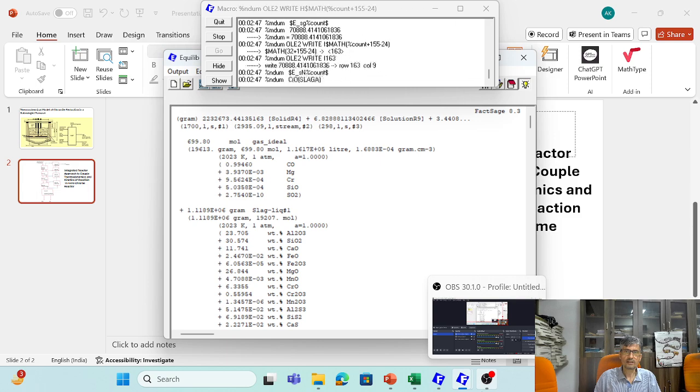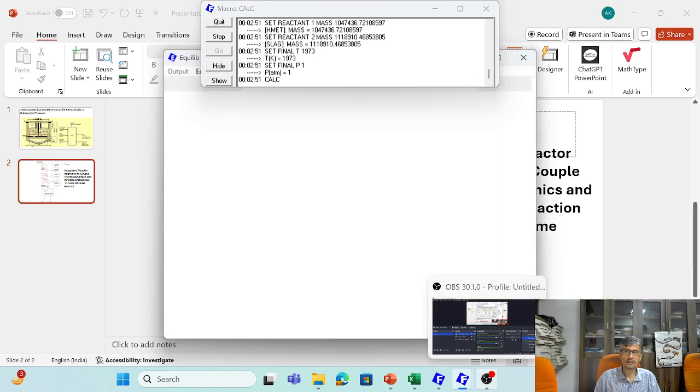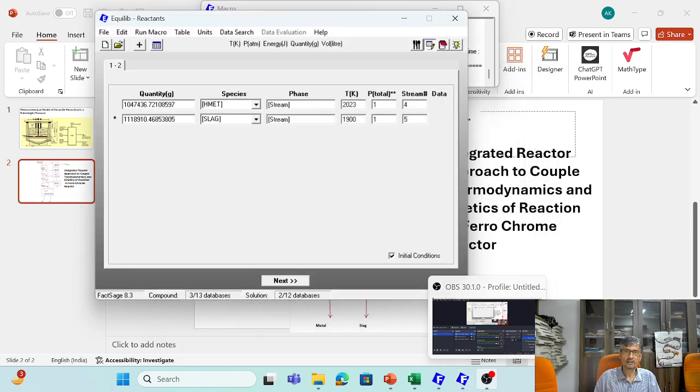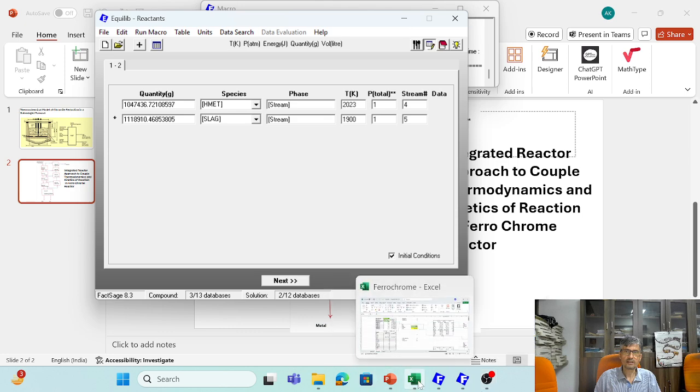Okay, it is taking a little bit longer time, but it should take a longer time because of the complexity of the problem which I attempted to solve. But of course, it would result in a very fruitful outcome.